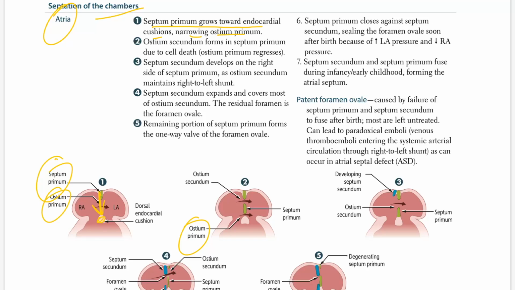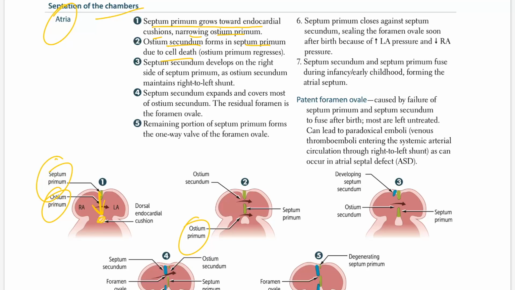Simple. Second thing, ostium secundum forms in the septum primum due to cell death. That's important: due to apoptosis. This happens by perforation of the septum primum through apoptosis, or programmed cell death, in other words, right?